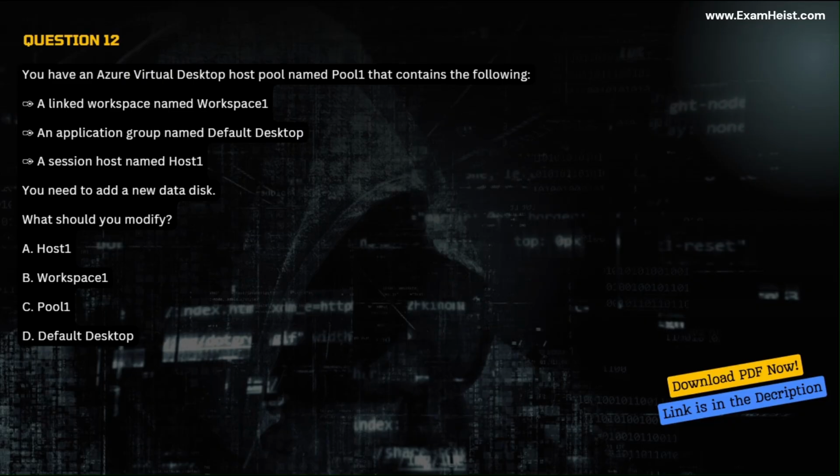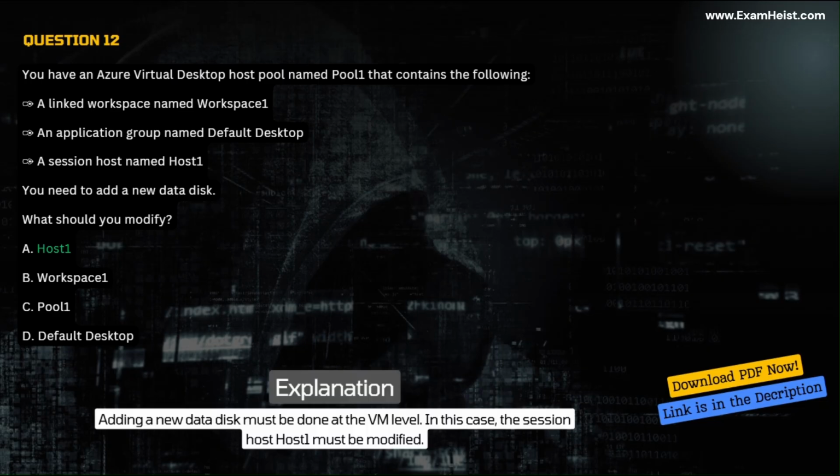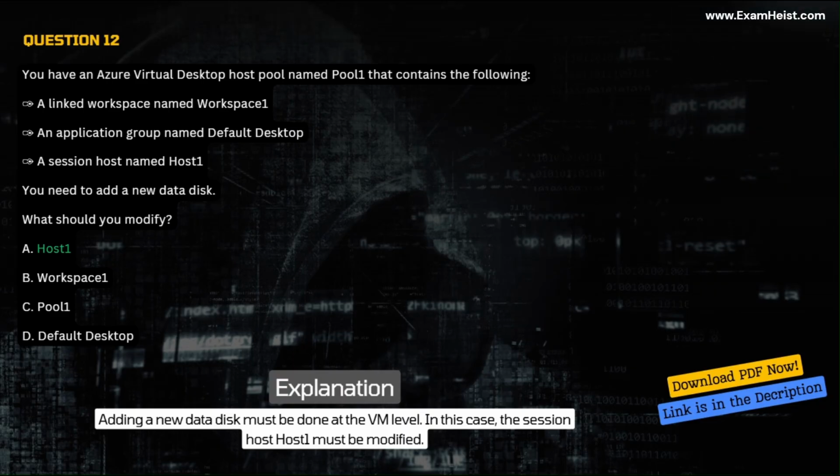A. Host1. B. Workspace1. C. Pool1. D. Default Desktop. Correct answer A. Host1. Explanation: adding a new data disk must be done at the VM level. In this case, the session host Host1 must be modified.